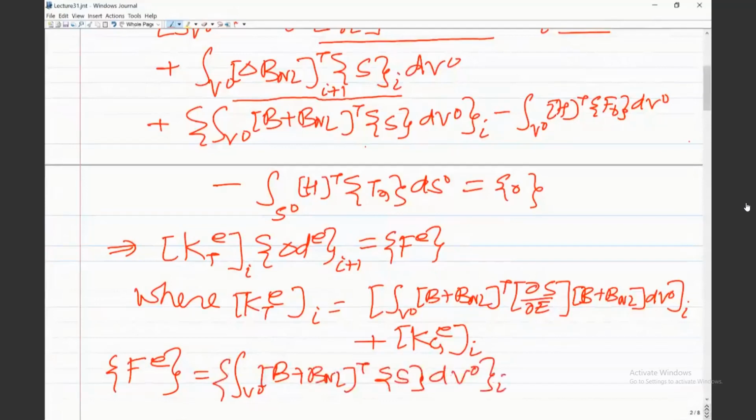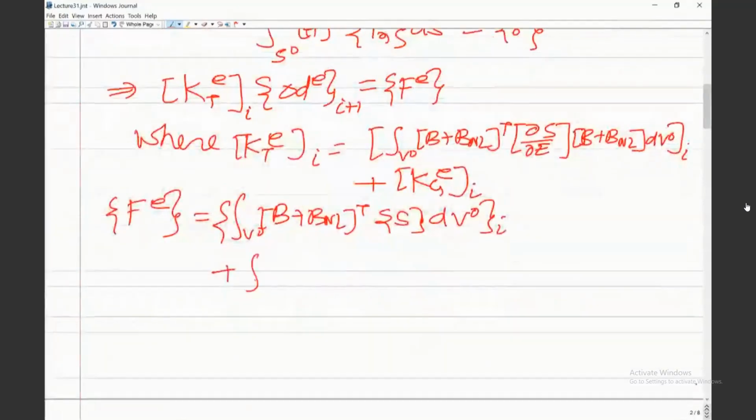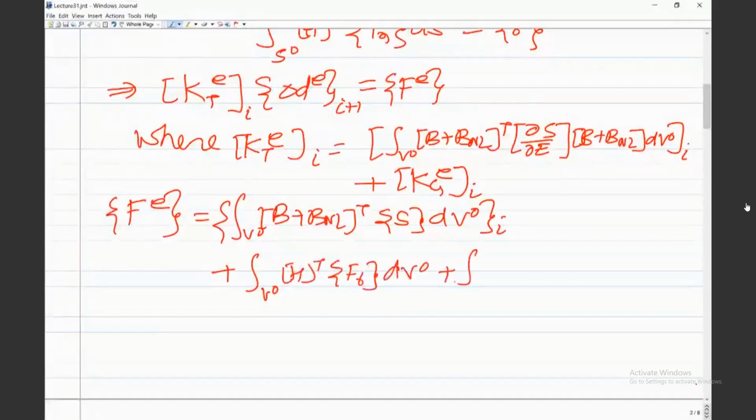This is evaluated at the previous iteration, and then we will have plus integration over V naught of H transpose FB dV naught, plus integration over S naught of H transpose into T dS naught.